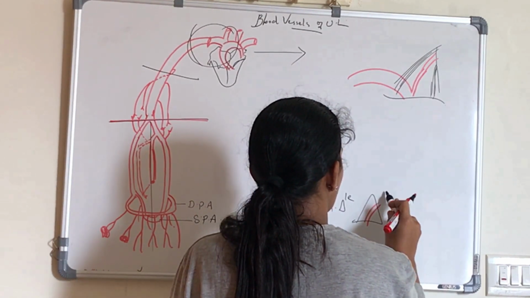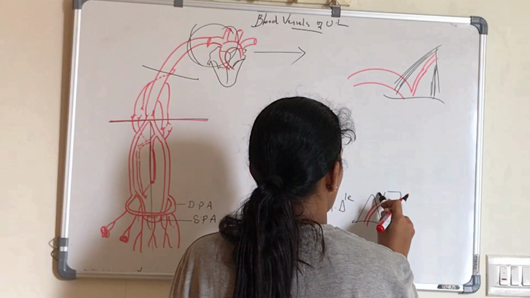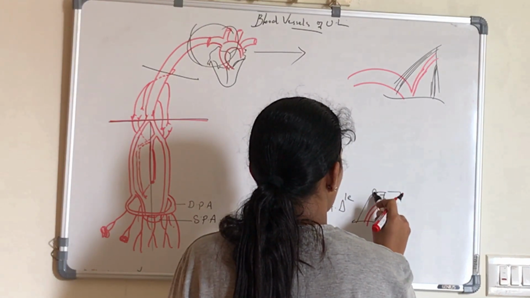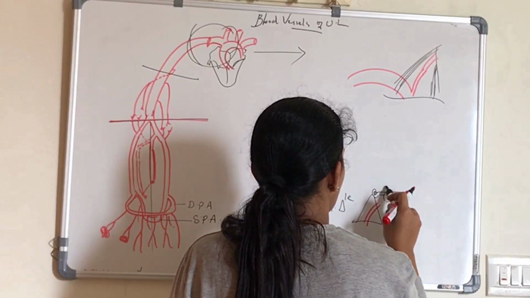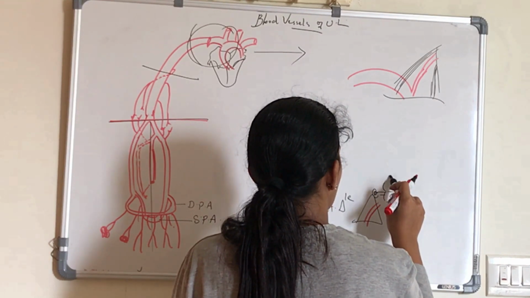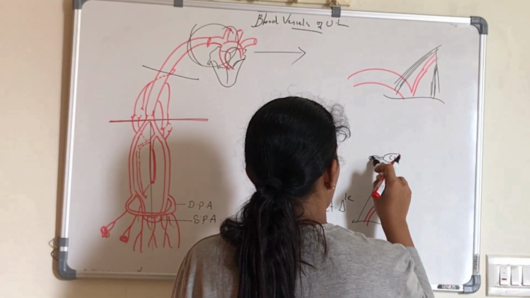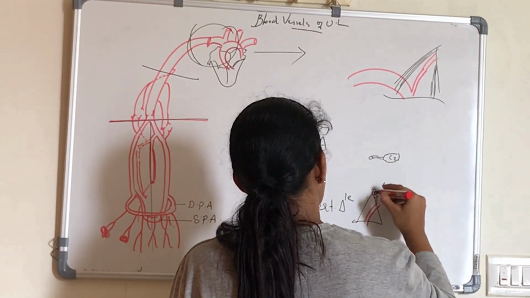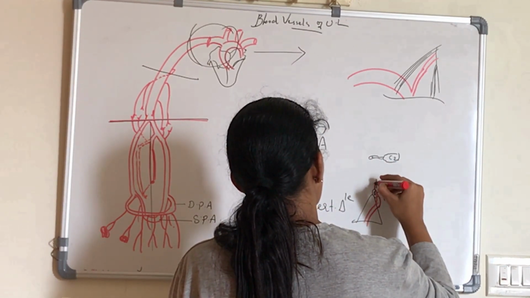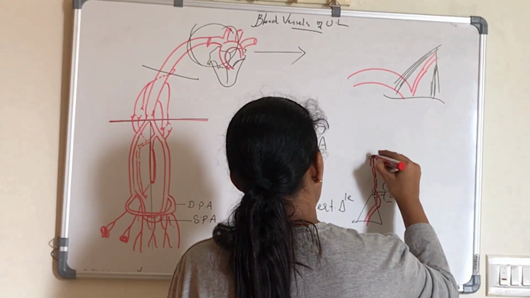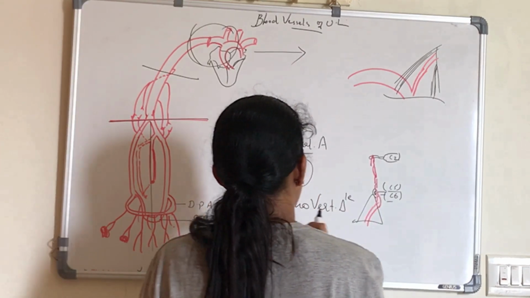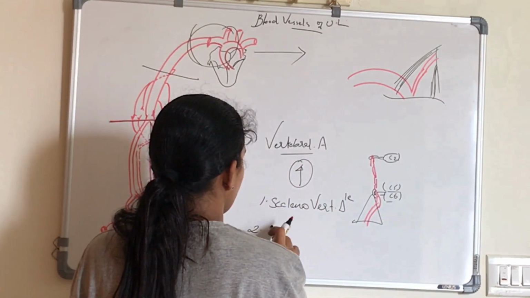Now the second part enters the foramen transversarium of 6th cervical vertebra. The artery ascends up till the foramen transversarium of 2nd cervical vertebra, and this will be our second part of vertebral artery, in the foramen transversarium of C6 to C2.